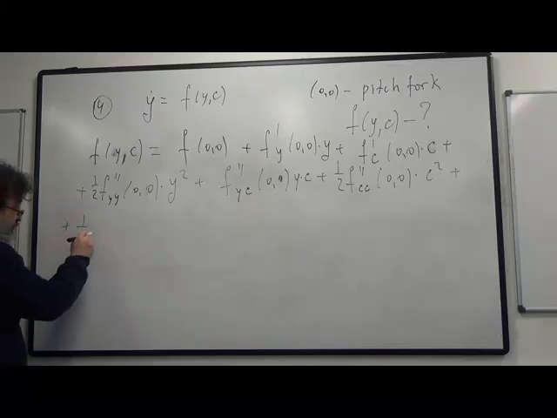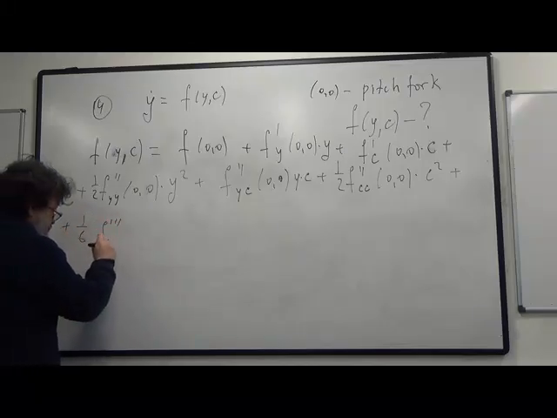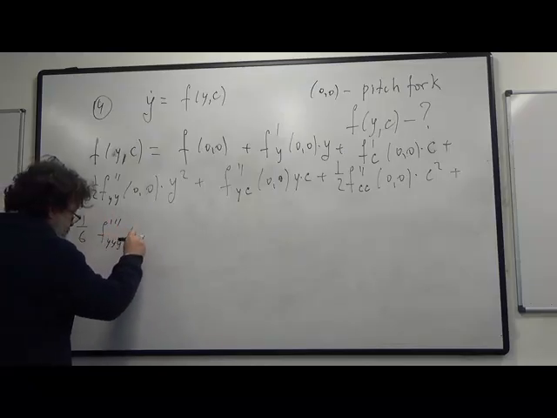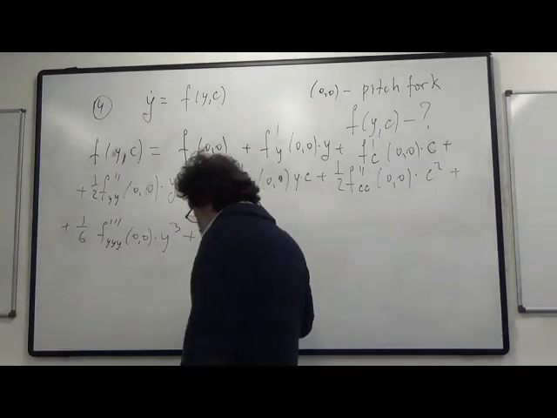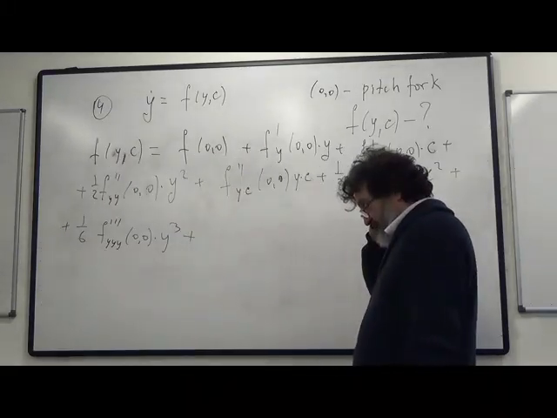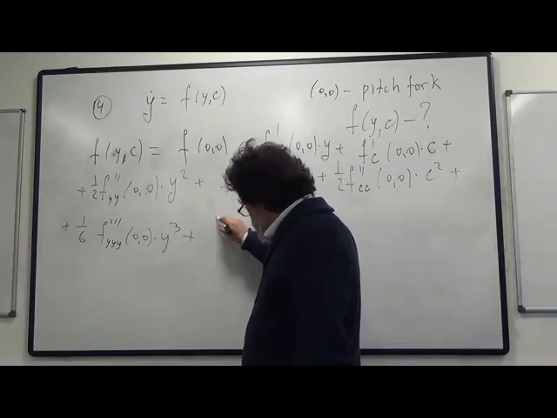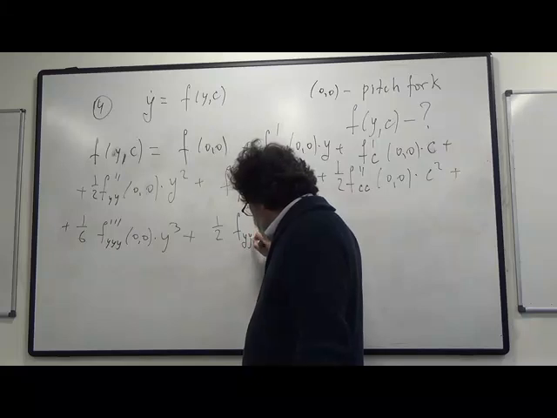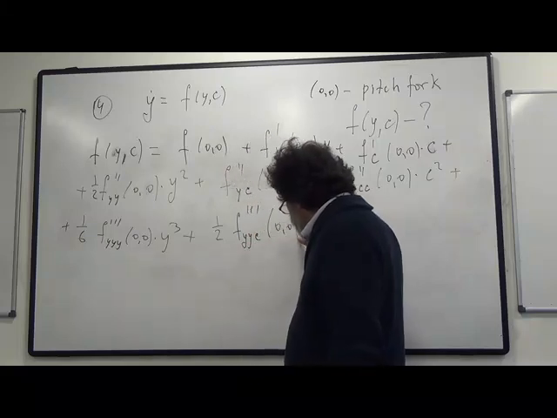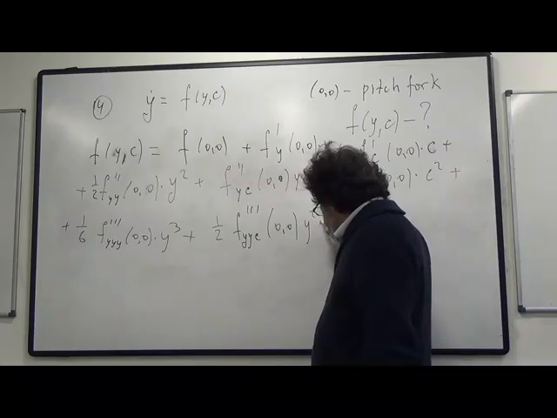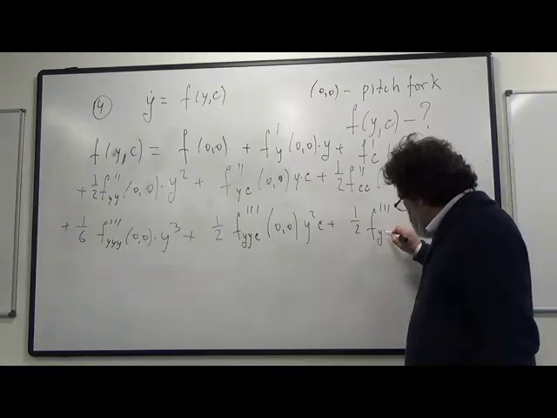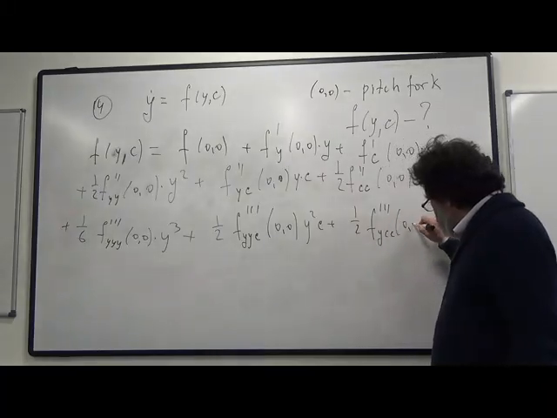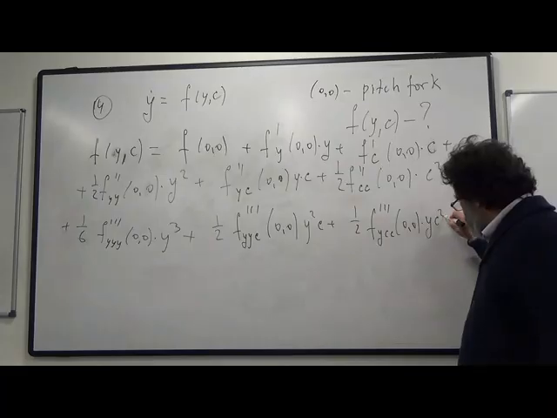Plus 1 over 6, third derivative over y at 0, 0 times y cube, plus, so it should be half, as far as I remember, y squared c, plus half ycc at 0, 0 times yc squared.